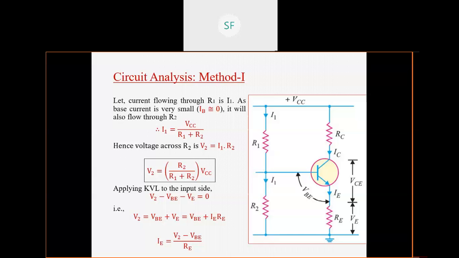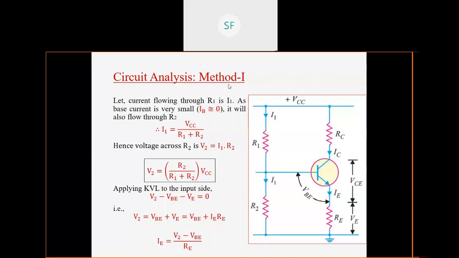Generally in any circuit, what is required is that you should be able to find the values of output current. In this case, output current is the collector current, and output voltage is the collector to emitter voltage. So we are doing the circuit analysis in order to find the value of IC, or to get the formula for IC and VCE.